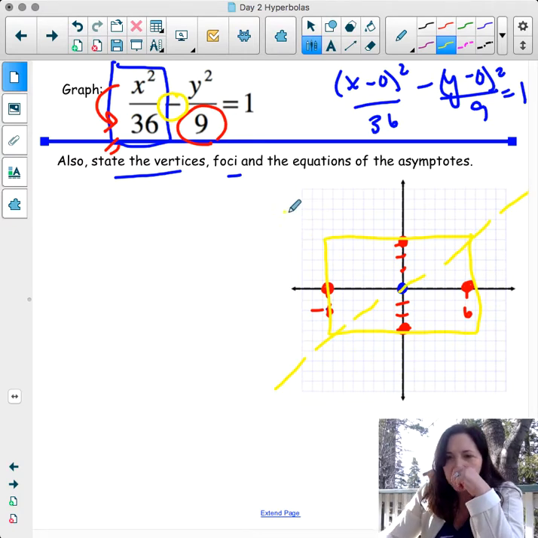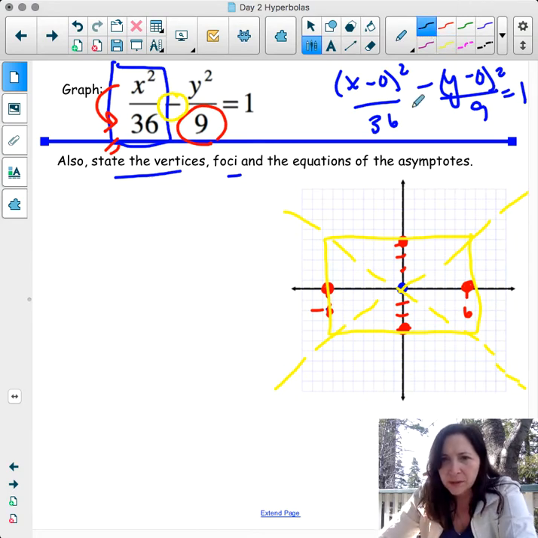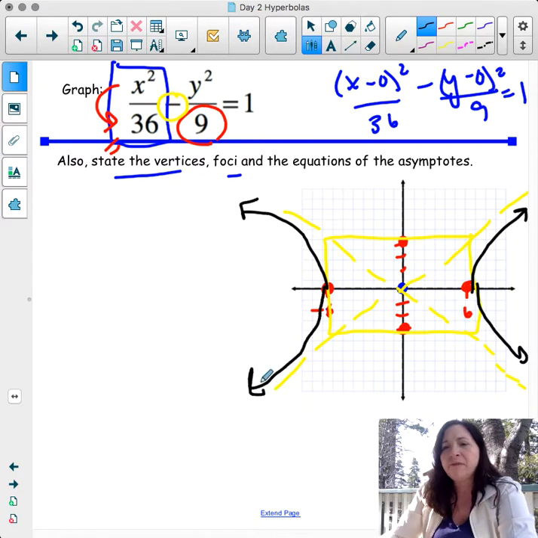They go from corner to corner, okay? Like that. So in creating my hyperbolas, because it's on the positive axis, my hyperbolas are going to go like this. Follow the asymptotes. Goes like this. Okay, so we just finished graphing our hyperbola.